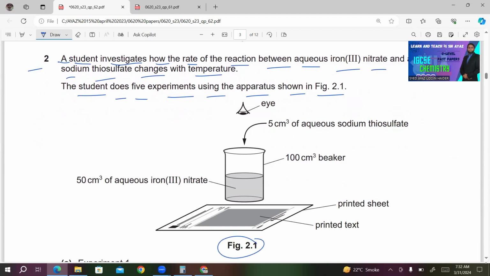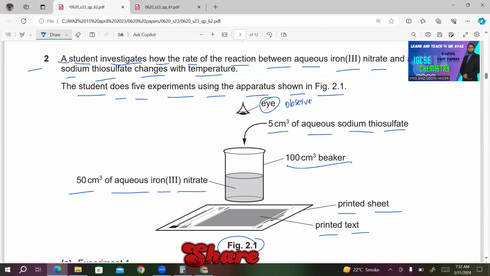At the bottom you have a printed sheet containing some printed text, and there's a 100 centimeter cube beaker, which contains 50 centimeter cube of aqueous iron 3 nitrate, and on top they're adding 5 centimeter cube of aqueous sodium thiosulfate, and here we have the observer.